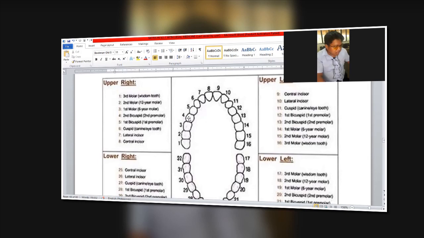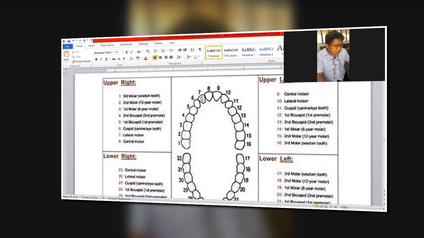Yung bicuspid, other term for premolar. Number 5 is the first bicuspid, that is the first premolar. Then number 6 tooth is the cuspid, that is the canine tooth.